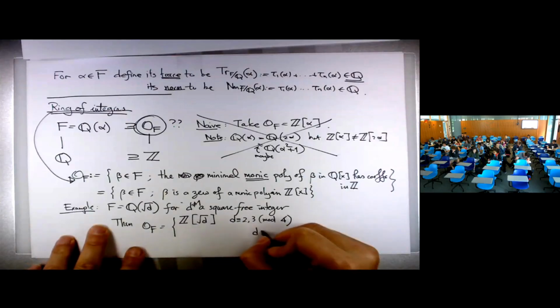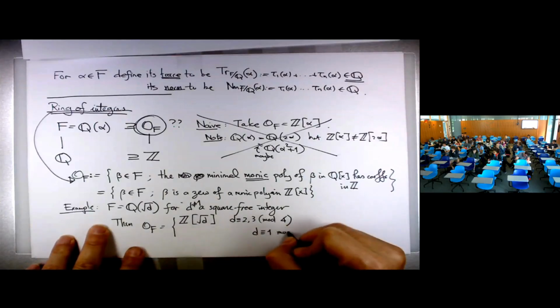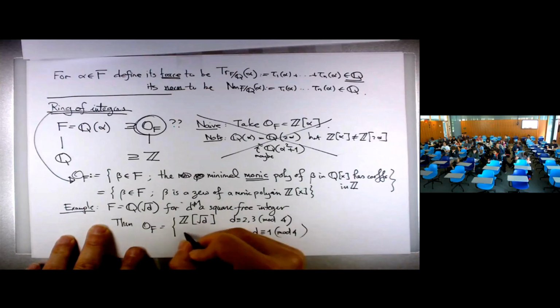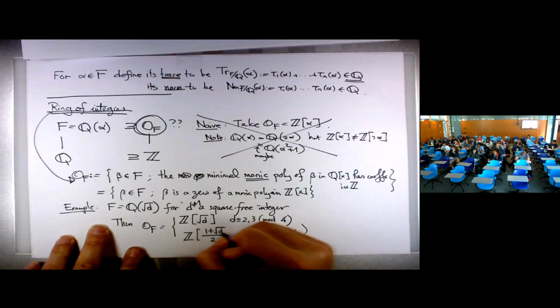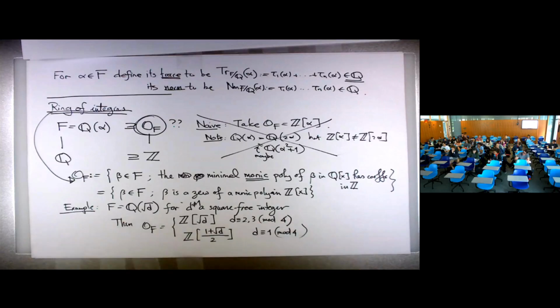The other case, when D is congruent to 1 mod 4, you have something that doesn't quite look like an integer: 1 plus root of D over 2. That turns out to be in the ring of integers. Here I didn't have the case where D is divisible by 4, because if it is, then it won't be square-free. You can take out the factor 4 from the square root.